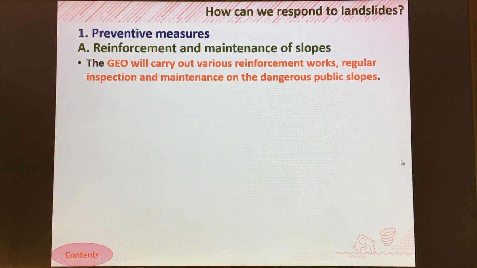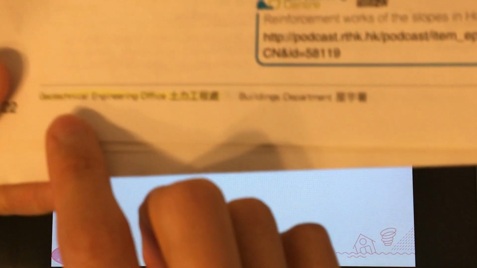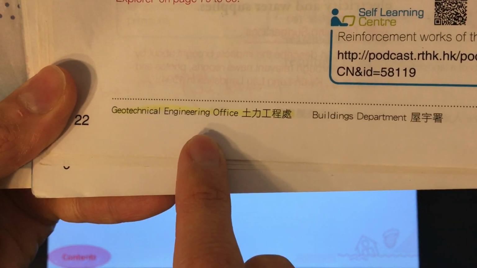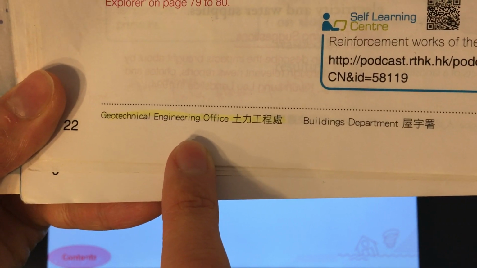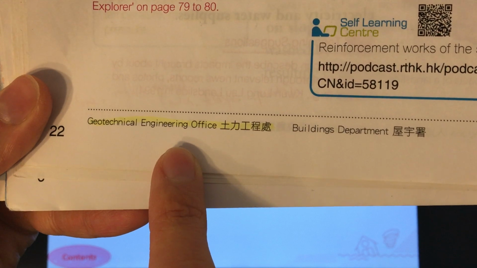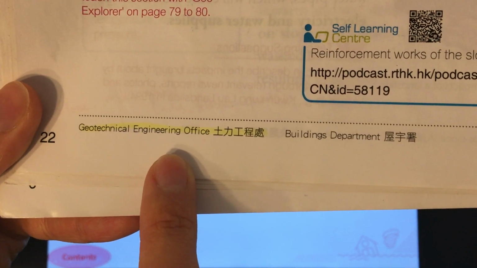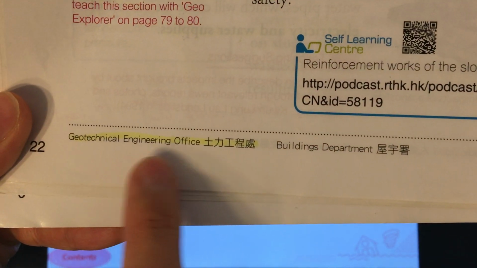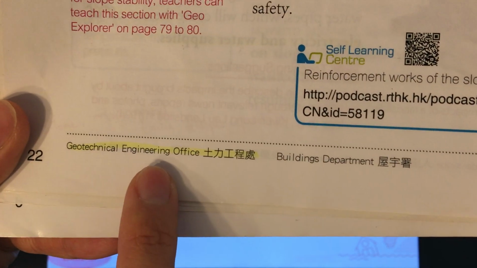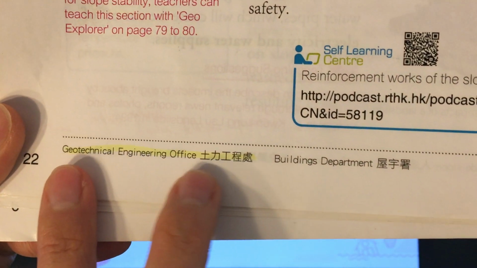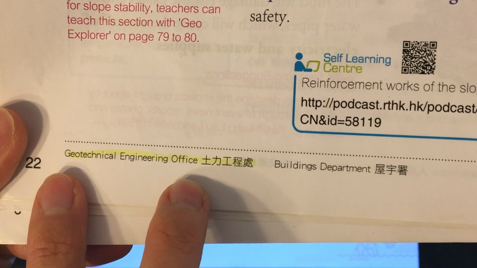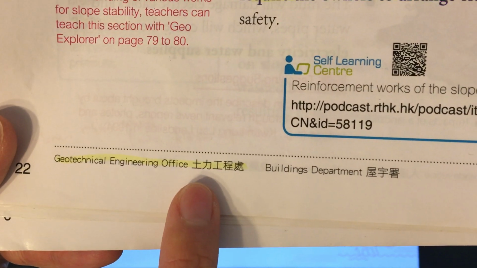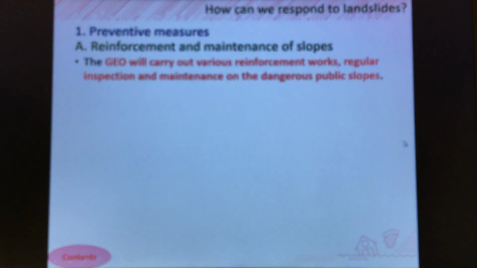So for the GEO, the full term is the Geotechnical Engineering Office。咁香港有一個專門嘅政府部門，係處理呢一啲嘅山坡嘅安全嘅。咁呢一個嘅部門叫做土力工程處啦。In short form, it is GEO, Geotechnical Engineering Office. So please remember the full name of this government department, Geotechnical Engineering Office.